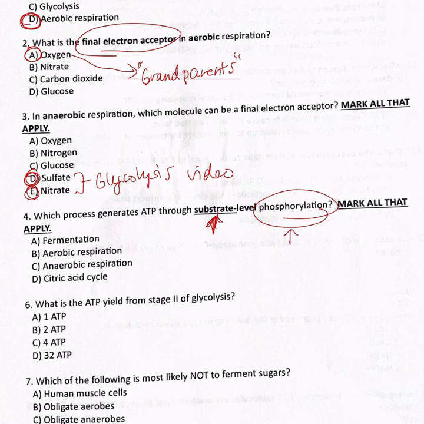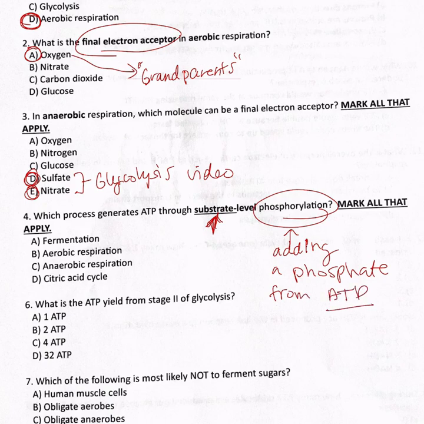Phosphorylation means you're adding a phosphate, usually from ATP. So where do we add a phosphate from ATP to the substrate, like glucose? In glycolysis.